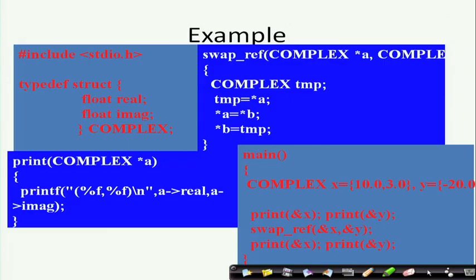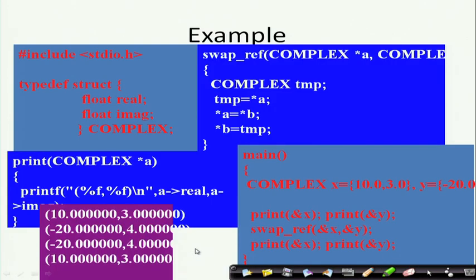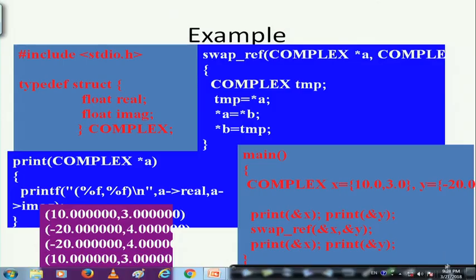The answer is yes, it will work, because it is a call by reference. So, whatever I am swapping here will be reflected in the main program also. Okay. So, here is an example. So, let us move ahead.